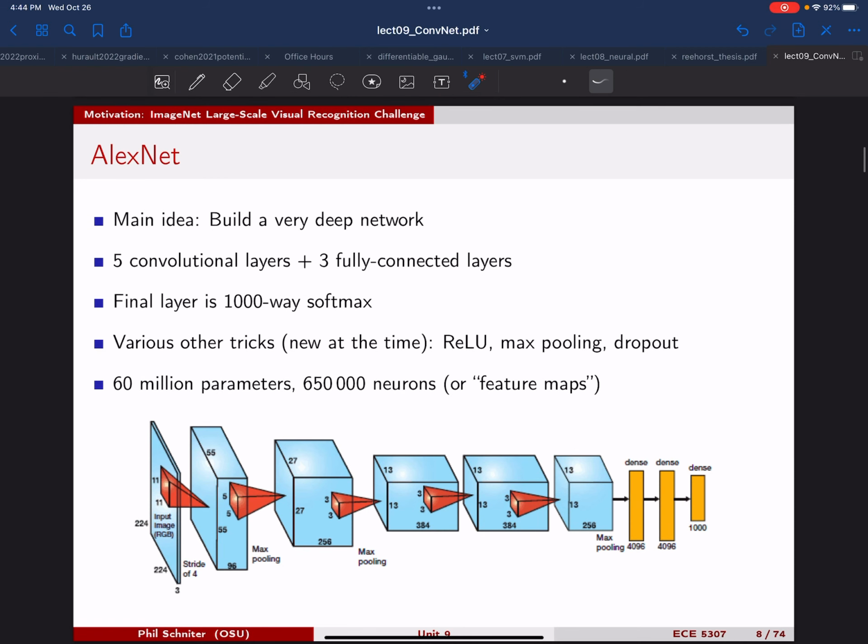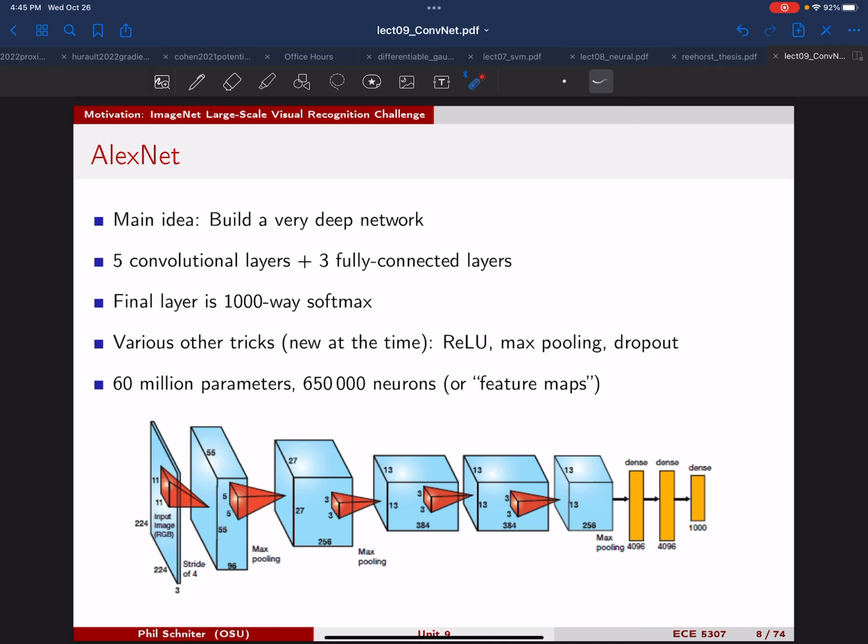Okay, so when we take a look at that very first network from 2012, it's called AlexNet. And the motivation at the time was to build a very deep network. So this network has 5 convolutional layers and 3 fully connected layers. We'll talk more about what we mean by convolutional layer.